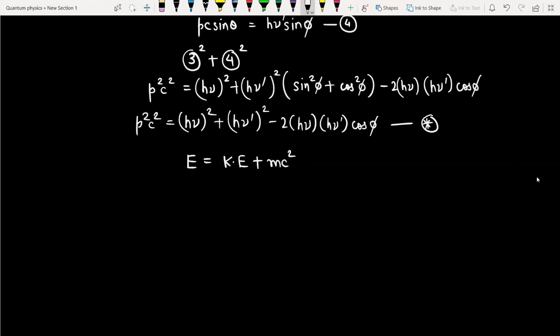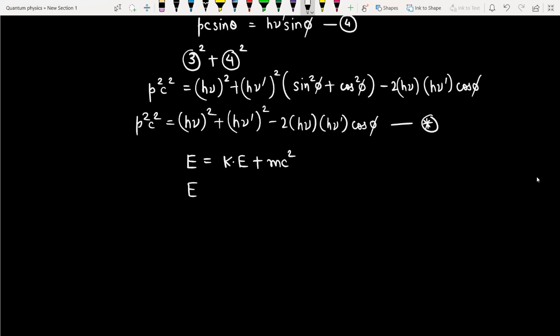Here mc square is the rest mass energy and this is the kinetic energy. So energy can be written as the sum of the rest mass energy plus, if that object is moving, the kinetic energy, and we get the total energy.